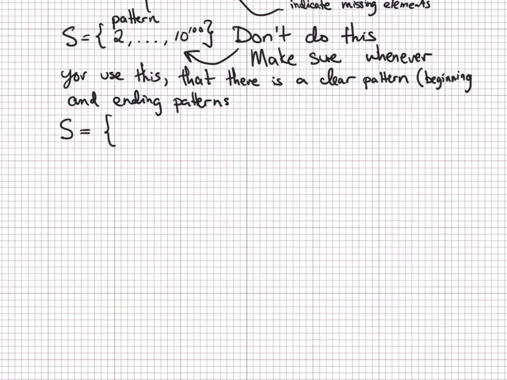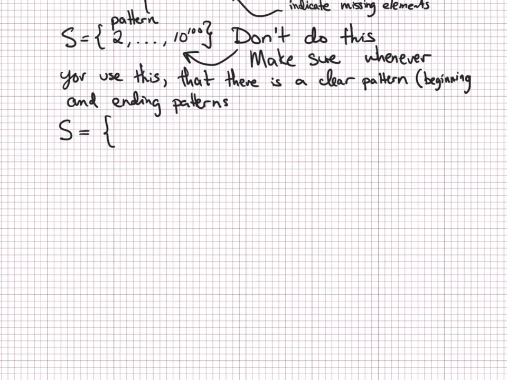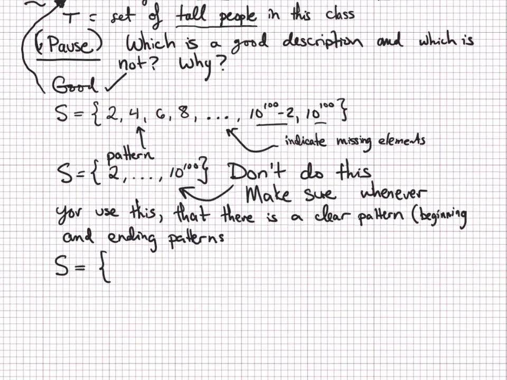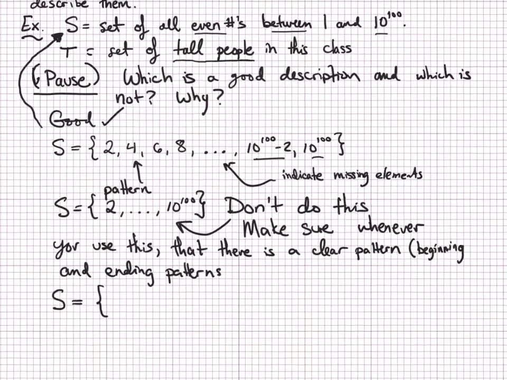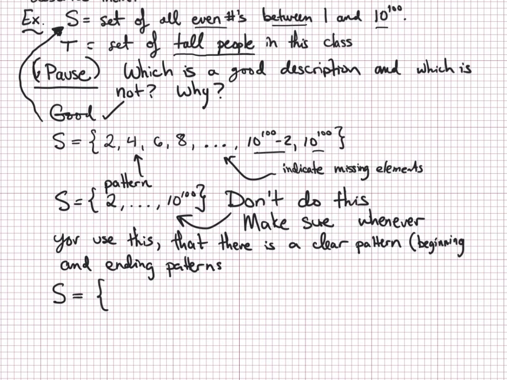So I can also, again, it's always going to be inside these curly brackets, or maybe I should pull it down so we can see it's all even numbers between 1 and 100.